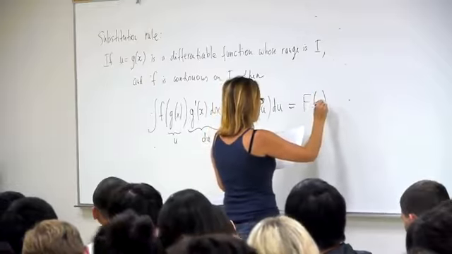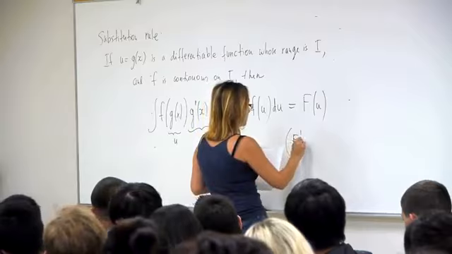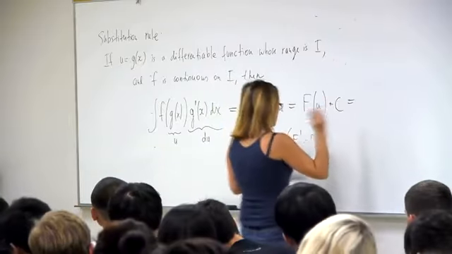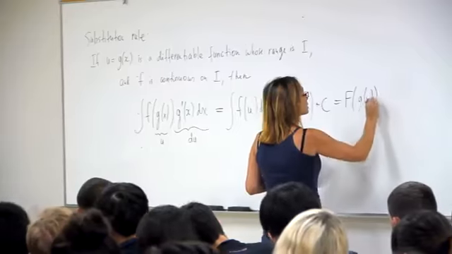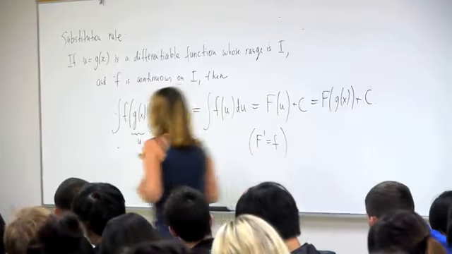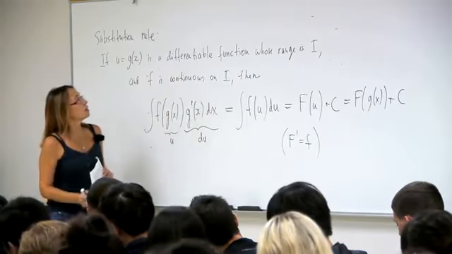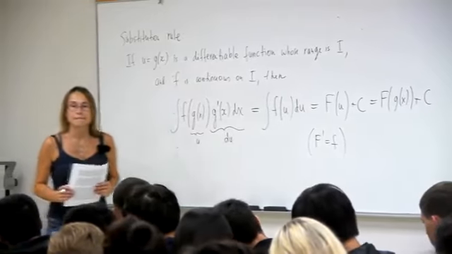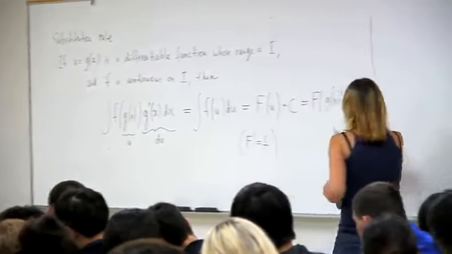It's capital F of u, where F prime is f, the antiderivative, which is the same as F of g of x plus c. So this is a formal way to write down the rule of substitution. And we will use several examples to illustrate it.